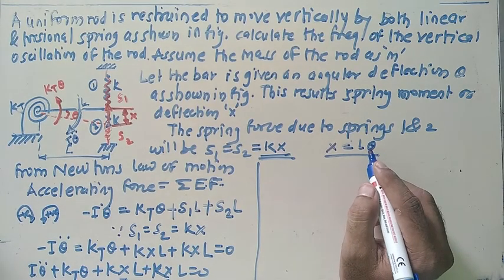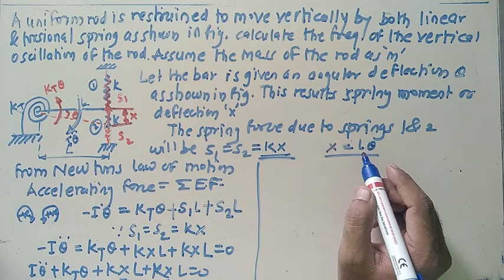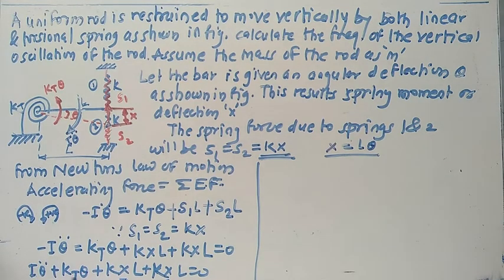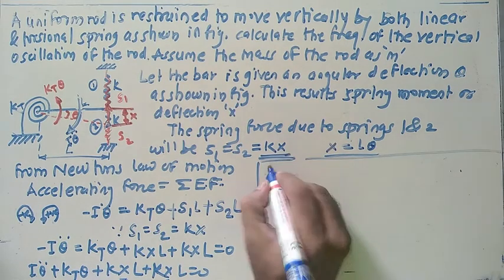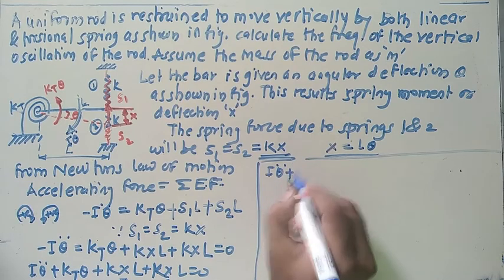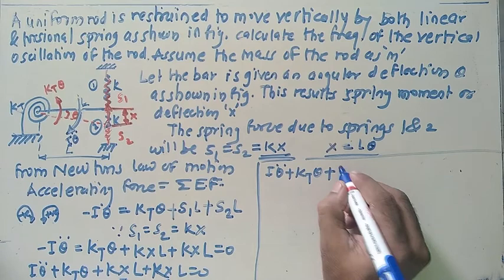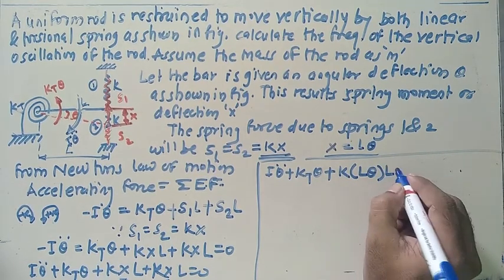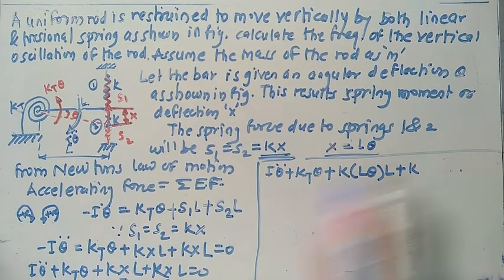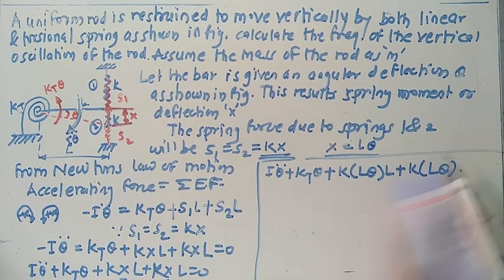Easily you can replace x by L theta and bring this equation into one variable, that is theta. So I theta double dot plus kt theta plus k into L theta for x multiplied by L plus k into x, meaning L theta, into L will remain as it is, equate with 0.